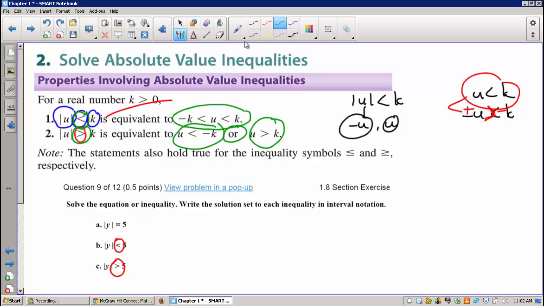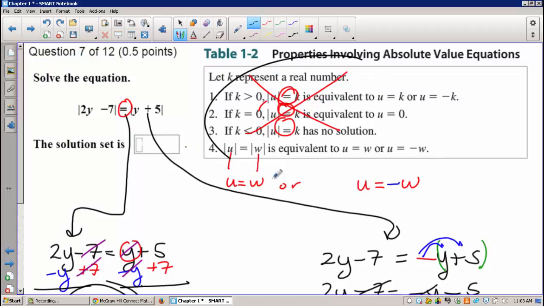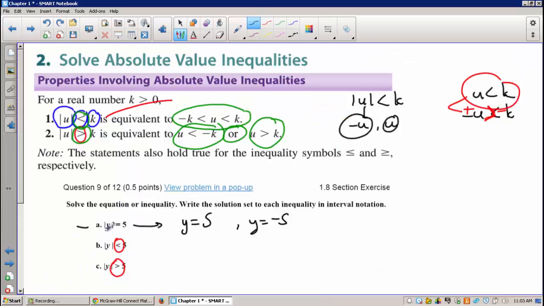Now, I don't know why part A is here, because this has nothing to do with this section, right? Y equals 5, absolute value equals 5. How are you going to solve this? That's it. You're done. This part A belongs to the previous section. If it's positive, you break it apart in two forms, 5 and negative 5, correct?